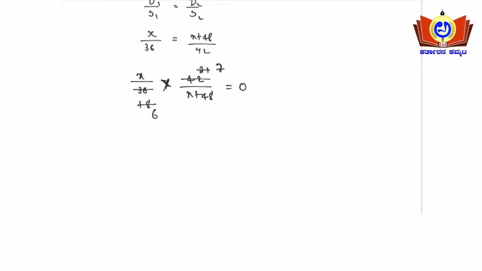So 7x will be 6 into x plus 48, that will be equal to 0.